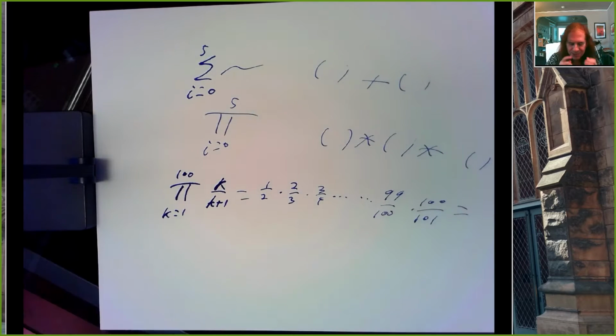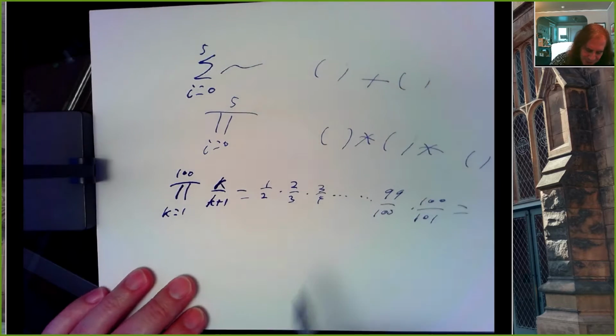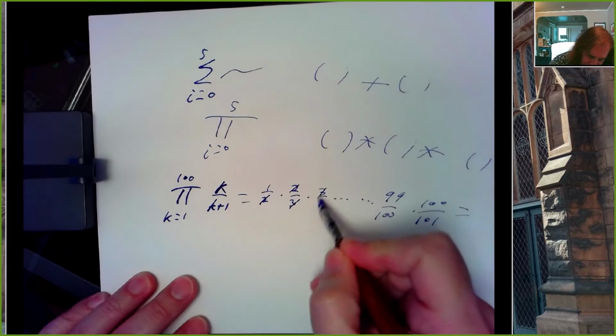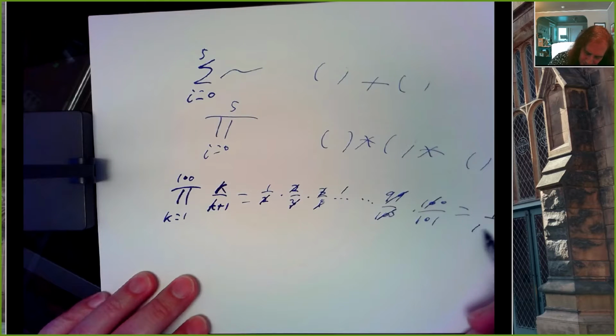And my inner monkey gets excited when it sees problems like this, because I can do this without having to actually do a lot of work, because I can cancel things, right? I loved this in grade school, being able to cancel numerator and denominator. So bang, bang, bang, bang, bang. All you're left with is 1 over 101.